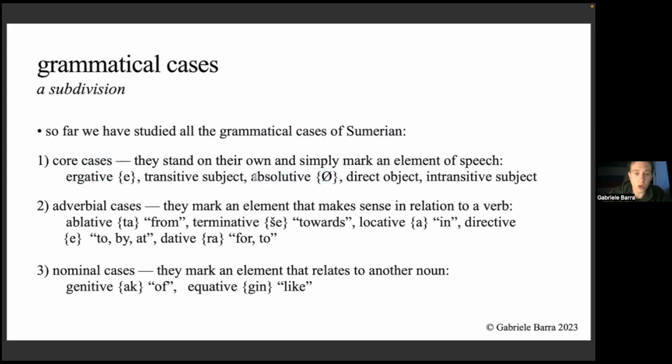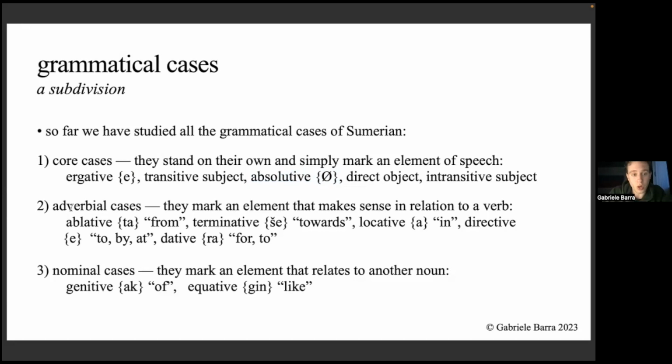Why do we call them the core cases? I'm actually not sure, I didn't come up with the term, but I would say it's because they mark the doer, the agent, which is a core part of the sentence, and the object, if you have one, or the intransitive subject, if you do not have an object.